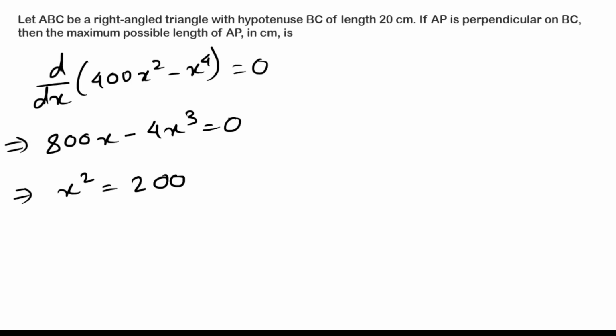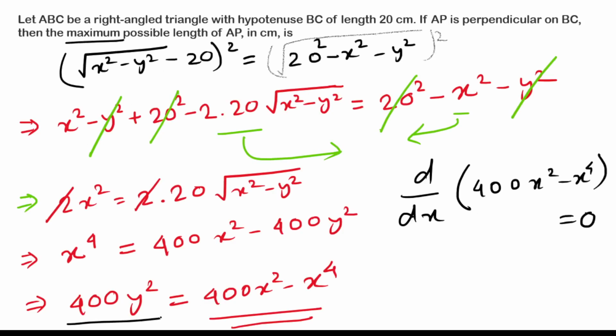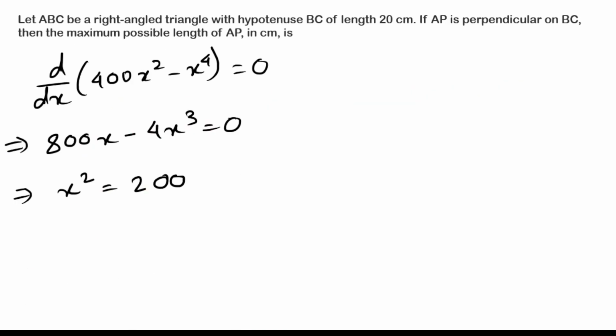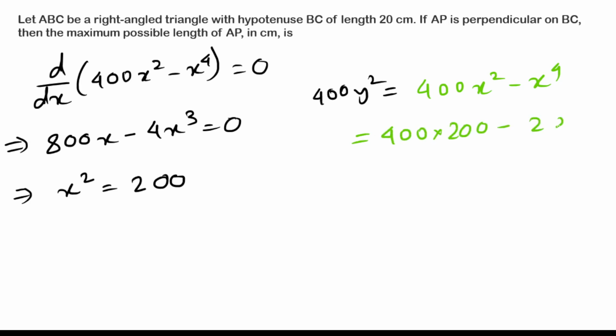Okay. Now we have to find out the value of y. Now we will use this whole equation. So 400 y square is simply 400 x square minus x to the power 4, right? So we'll have this 400 into 200 and we'll also have this 200 squared, because x to the power 4 is simply x square to the power 2, right?